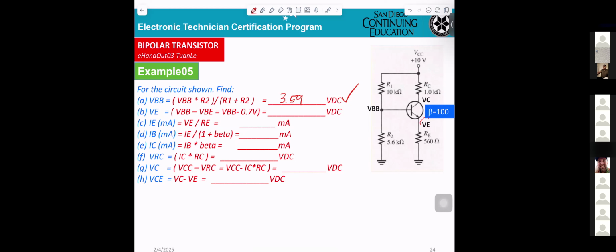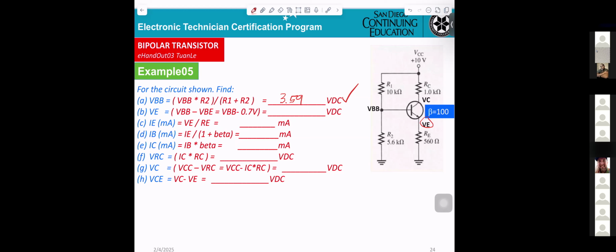And now you want VE. That means right here, from the emitter to the ground.